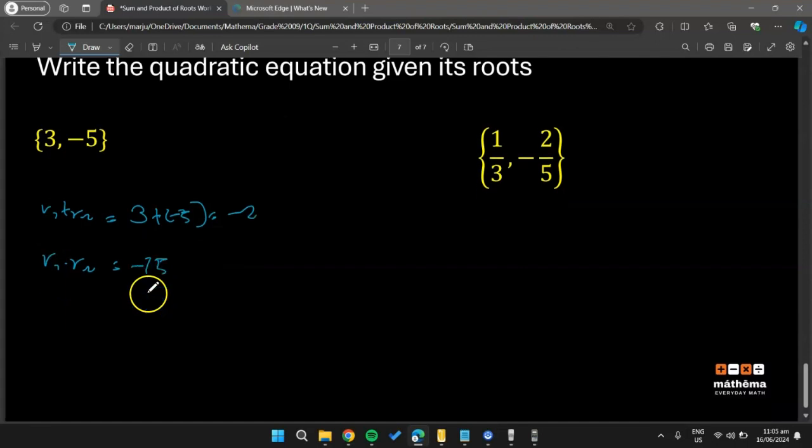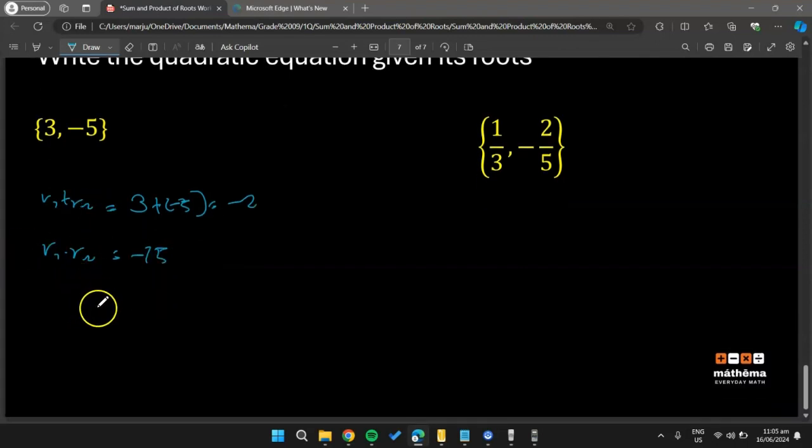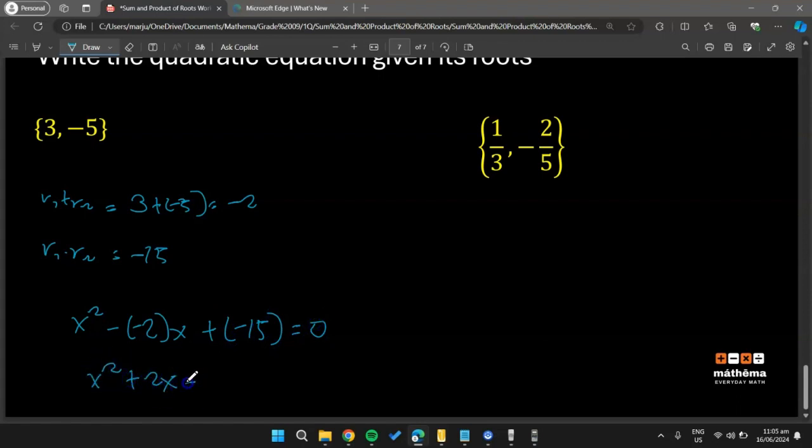So again, same thing earlier, our equation will be x squared minus the sum, which is negative 2, so we'll do negative 2x plus negative 15 equals 0. Simplify, this is x squared plus 2x minus 15 equals 0.